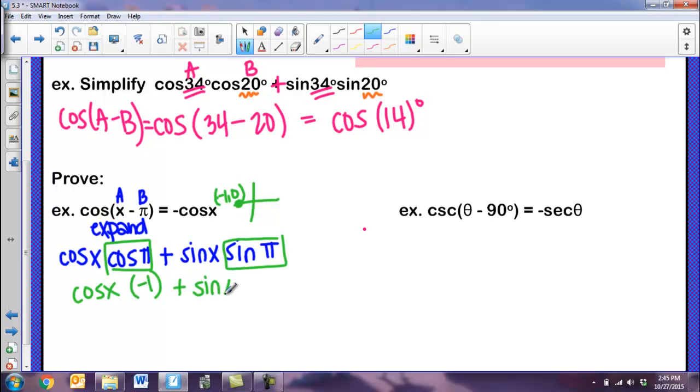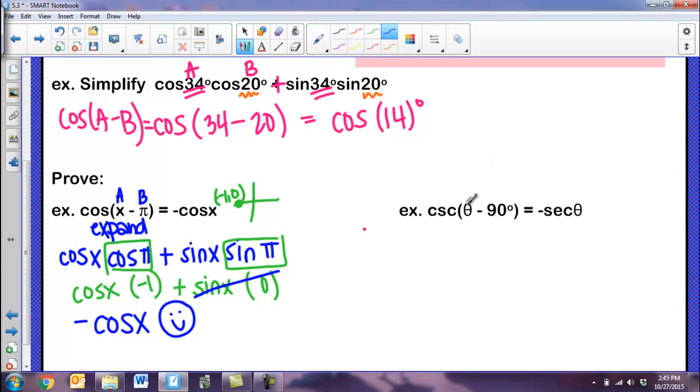So I would have sine of x times 0. Now I know that anything times 0 is 0, and -1 times cosine x would be negative cosine x. So I have proven that that is a true statement. Okay, so I looked on my formula chart and expanded using it, so let's practice one more time.